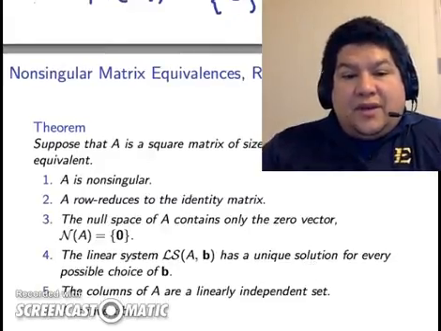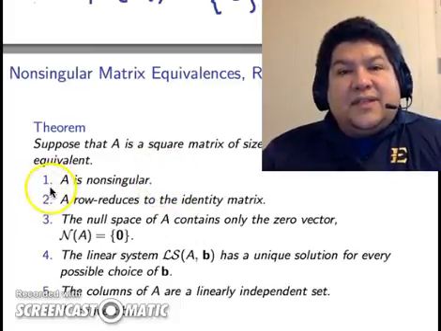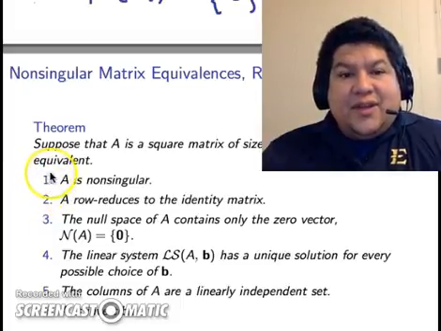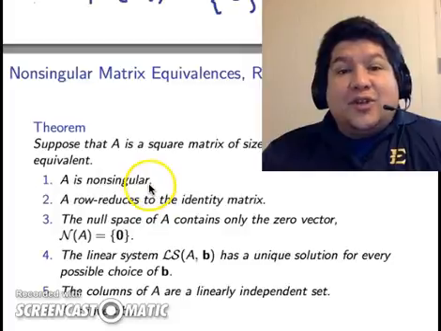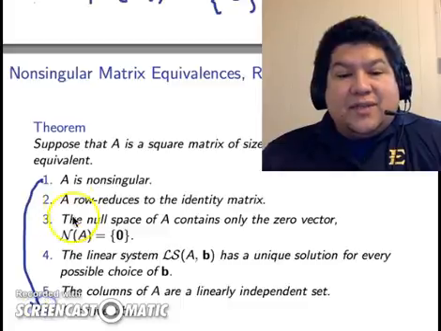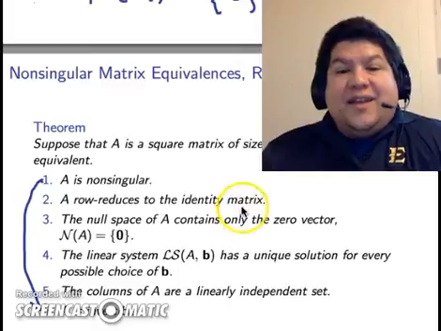Each of these 6 statements implies the other 5. So 1 implies 2, 1 implies 3, 1 implies 4, and so on. Each of them implies all the other ones. If the matrix is non-singular, we stated previously a connection between 1 and 6, but 1 also implies 2, 3, 4, and 5.